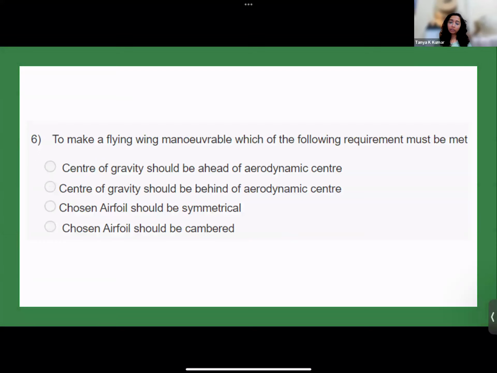To make a flying wing maneuverable, which of the following requirements must be met? So the aircraft has just a wing. So what is the condition to make it maneuverable?